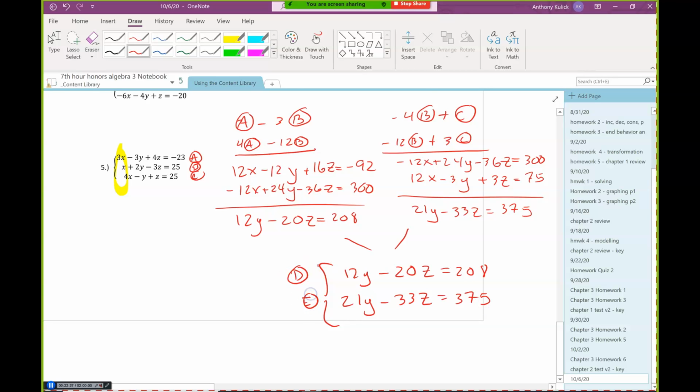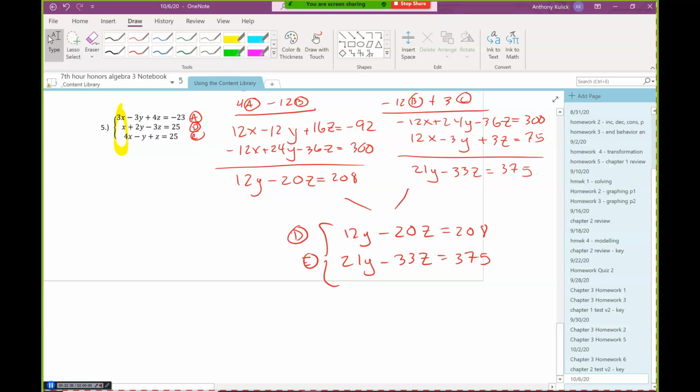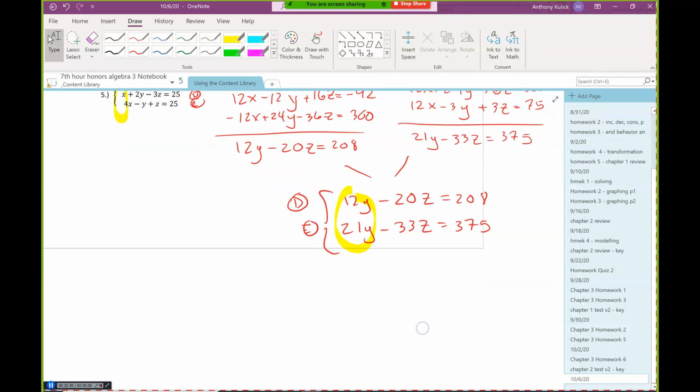And which variable did you try to eliminate now, the y or z? Okay. And how did you do that? Okay. One of them should have been negative, though, correct? Which one? Okay. So negative 21 times d plus 12 times e.